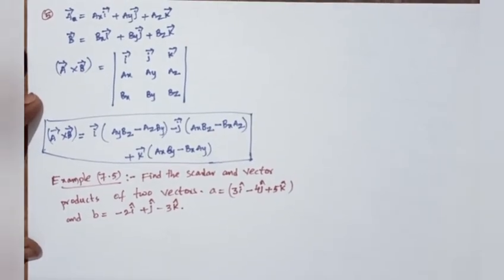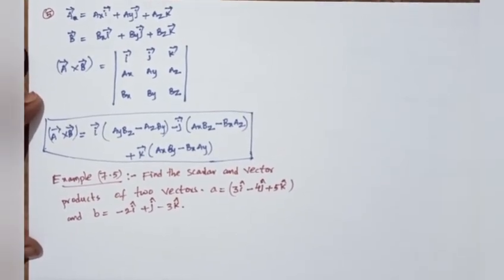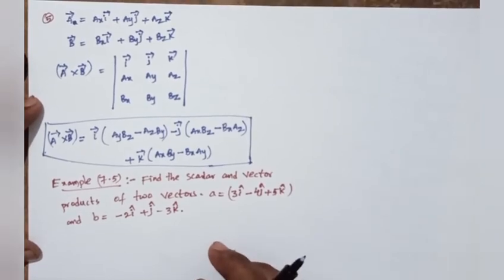Okay, we can find the cross product and dot product, that is the scalar product.